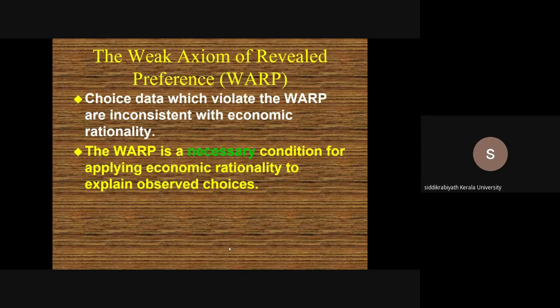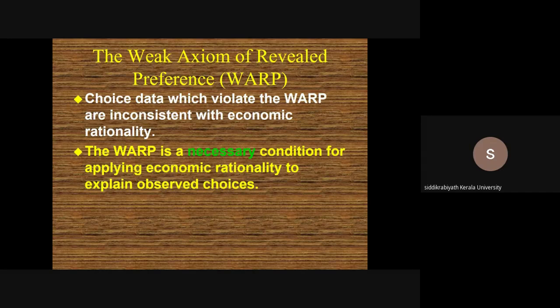So WARP is the weak axiom. Now you may be thinking, why is it weak? When you are talking about a direct revelation, it tells you that you cannot defeat the other directly. If that is the case, then why do we call it weak? We should call it strong, because people think that it is direct. Theoretically, it is not like that. We will come across that later. We will actually deal with that later.